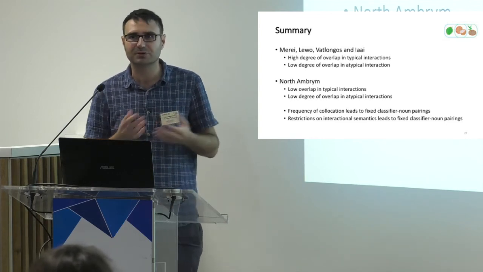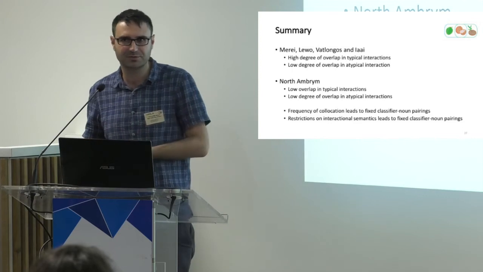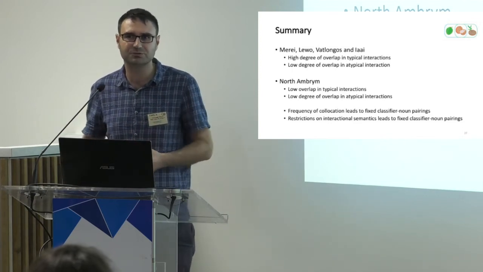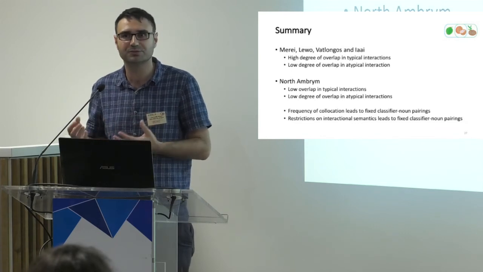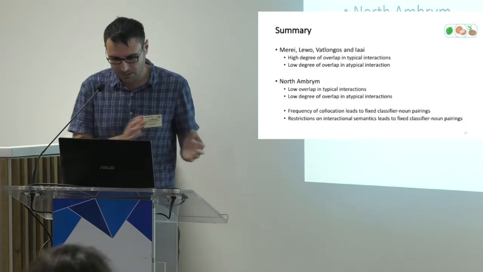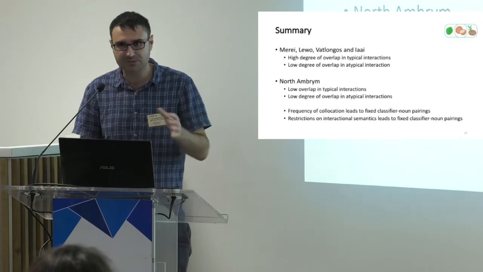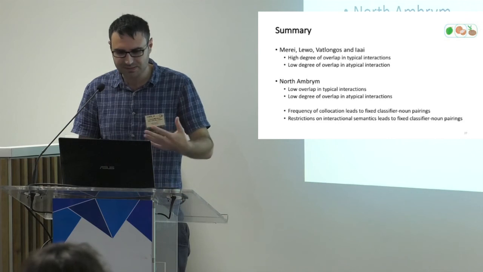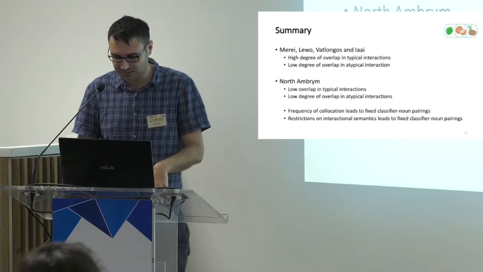As I said, you can't drink a mango, therefore you could never have a drinkable mango, and that wipes out a huge number of the nouns that could be classified as drinkable, and puts those in another system. So we think there are very bizarre semantics that are affecting these systems.